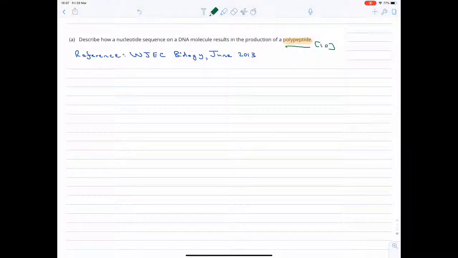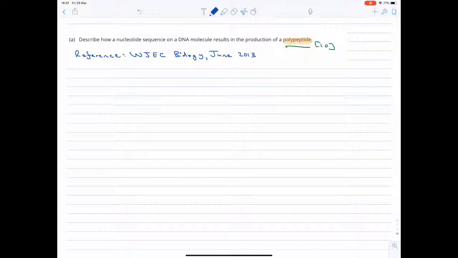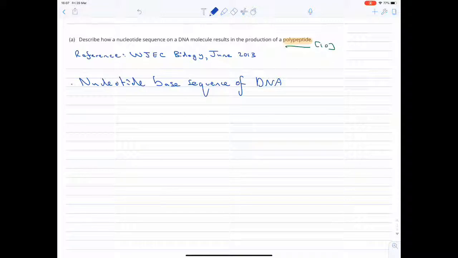Now, before I jump straight into the mechanism for polypeptide chain production, I'm just going to give a brief overview about what DNA actually is. I'm going to switch to blue, and what I'm going to first say is that we know the nucleotide base sequence of DNA codes for the amino acid sequence.